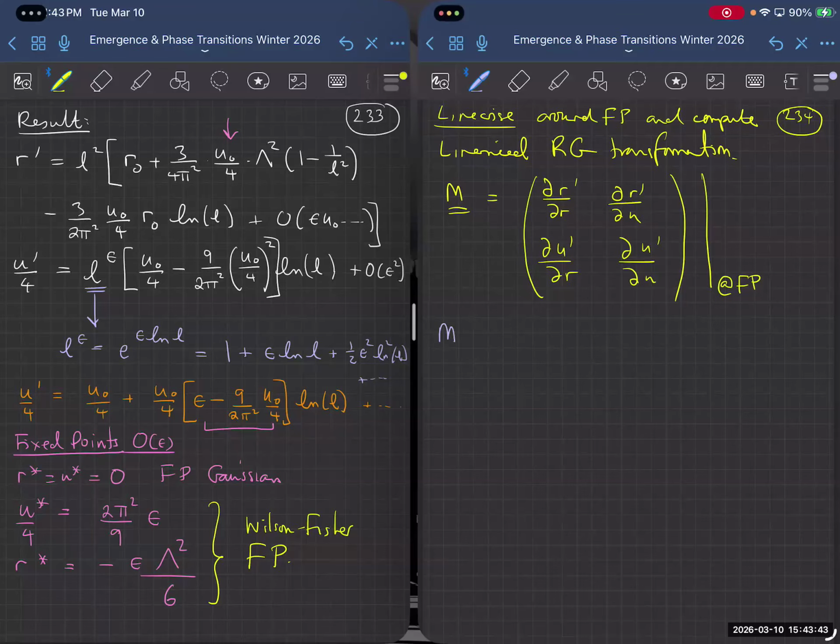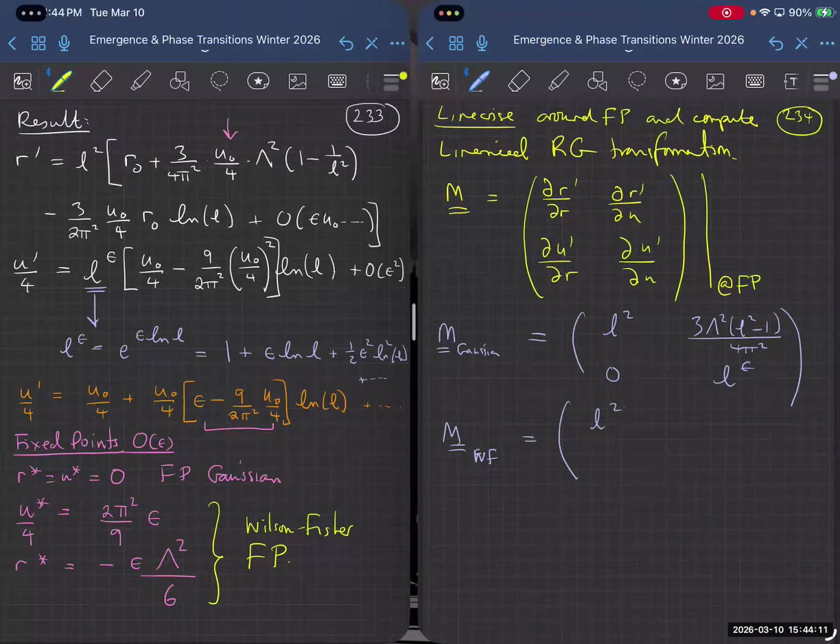M Gaussian is equal to this matrix: L squared, 3 lambda squared L squared minus 1 over 4 pi squared naught, L to the epsilon. And the matrix for the Wilson-Fisher fixed point looks like L to the 2 minus epsilon over 3, lambda squared L squared minus 1 over 4 pi squared naught, L to the minus epsilon.